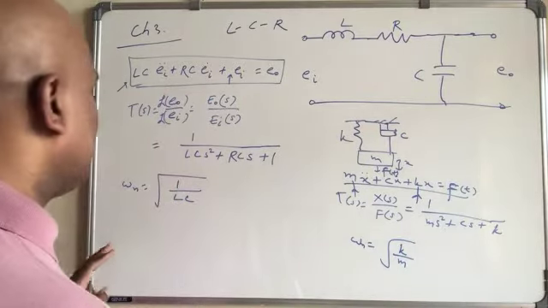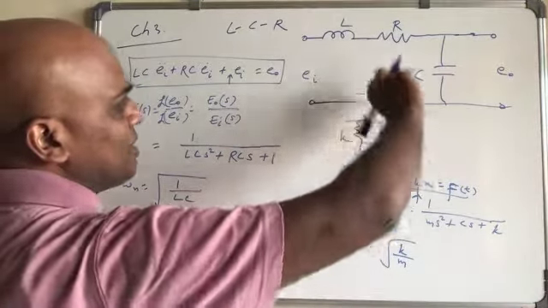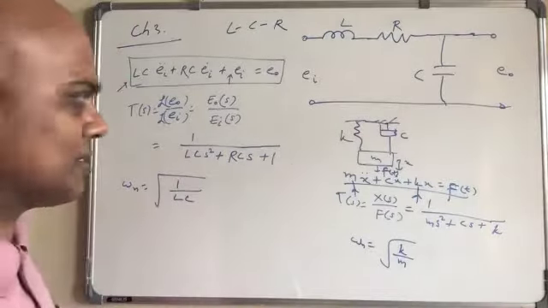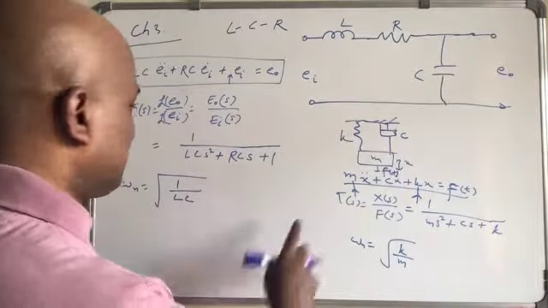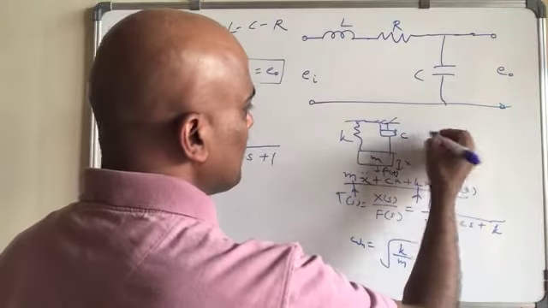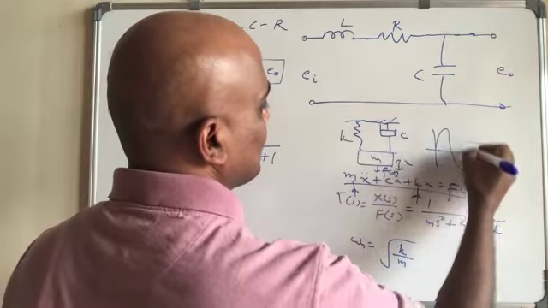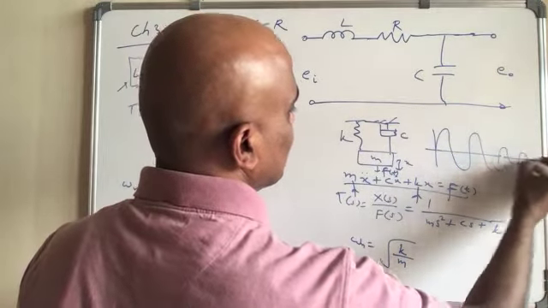That really means that you can use this circuit to actually make a sinusoidal wave. For example, in this case, if you give some disturbance, it will start and go like this, and finally it will settle.